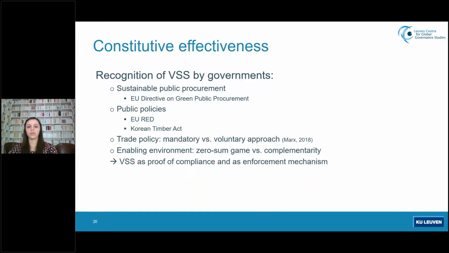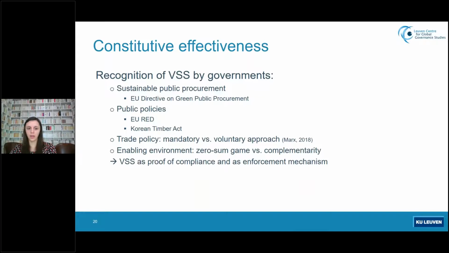Then governments also increasingly include VSS in their public policies. In the EU, for example, there is the Renewable Energy Directive, and for this, the European Commission has accredited some VSS, and so complying with this VSS acts as a proof of compliance with the EU directive for biofuels providers.